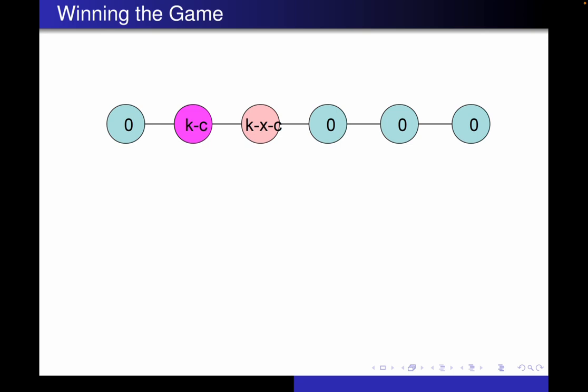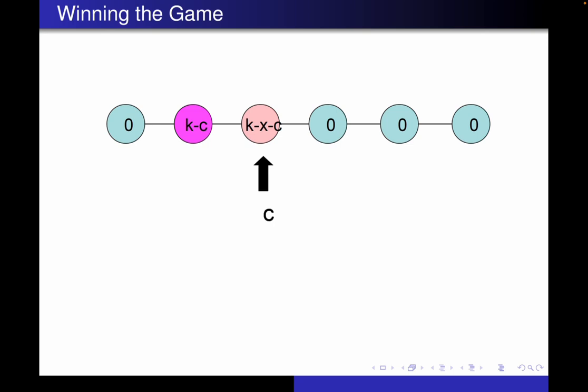Now, at the end, how do I make sure that K minus C gets turned off? Well, it can't be the one on the left. That one was tapped out at the beginning. It can't be the second from the left, because if I toggle that one, it's going to screw up the one on the left. So the only way I can turn that off is by toggling the one just to the right of that, the salmon one in there, that's K minus X minus C.